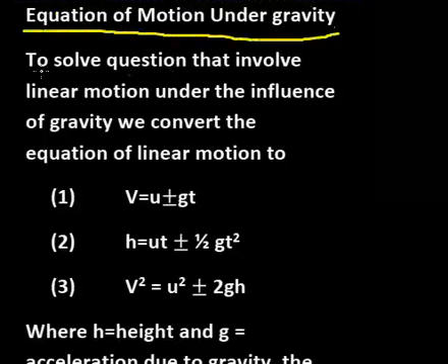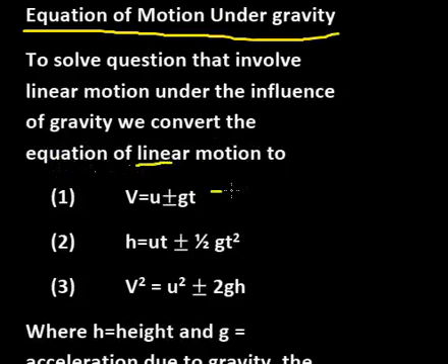Now, to solve questions that involve linear motion under the influence of gravity, we will always convert the linear equation we know into the equation under gravity because they are similar. The equation of linear motion is the same, but with slight difference.